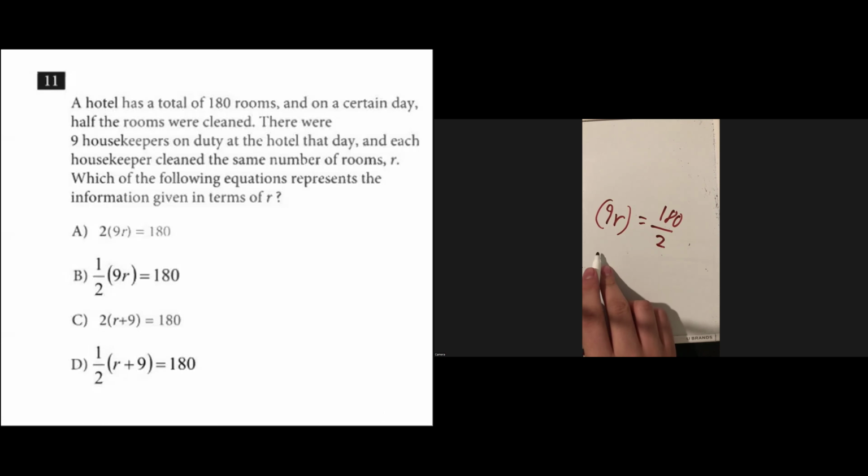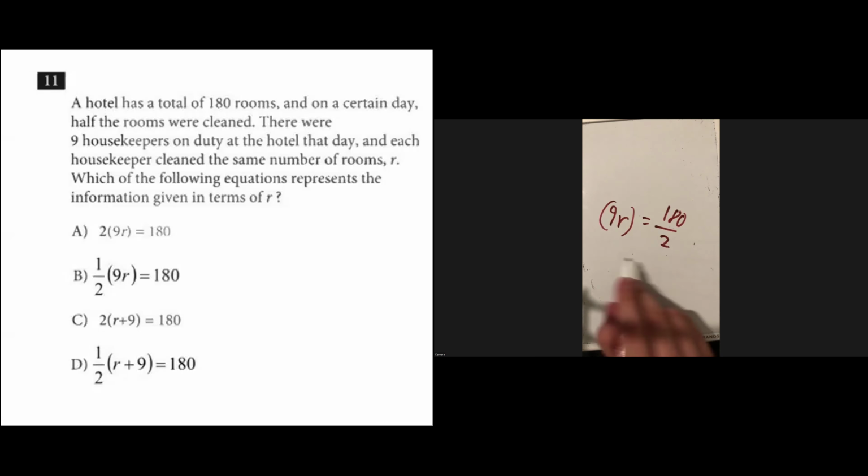The total number of rooms is 180, so half of them is 180 over 2. So half of the rooms is 9R. If we want to get this in terms of just 180 on the right side, we multiply both sides by 2, so we'd have 2 times 9R equals 180. So the correct answer would be answer choice A.